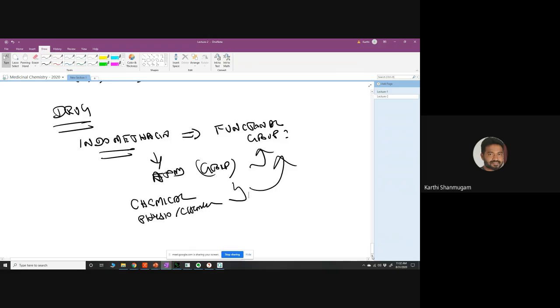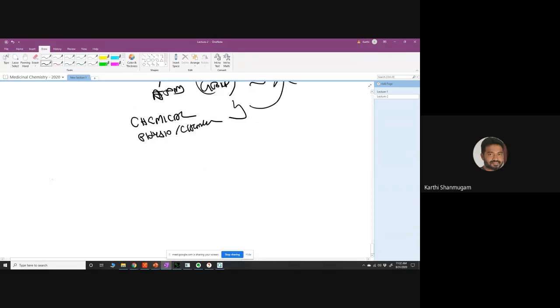In terms of drug design, some physiochemical properties are very important, which decide the solubility of the drug molecule. We already discussed ADMET, right? So ADME, four important parameters studied under pharmacokinetic parameters, also pharmacodynamics and toxicity.